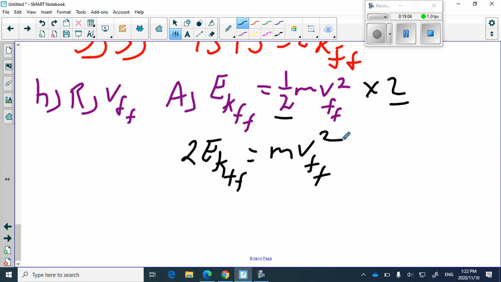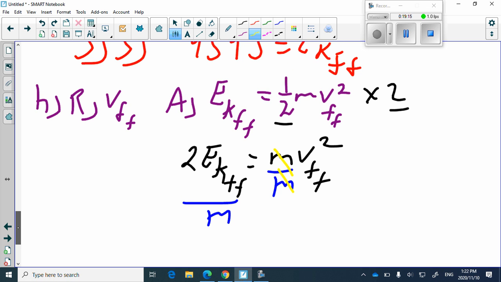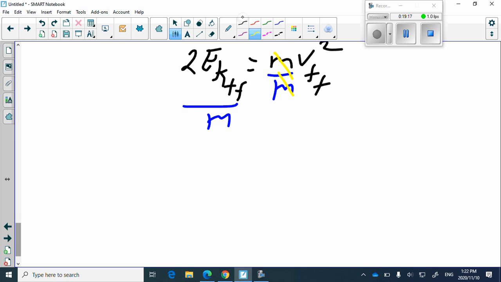Now I'm going to divide both sides by m. The m's cancel, and I'm left with 2 times kinetic energy final divided by mass is equal to speed final squared.